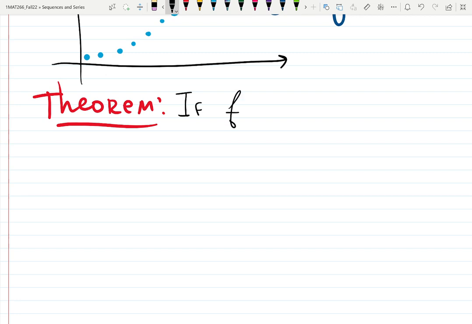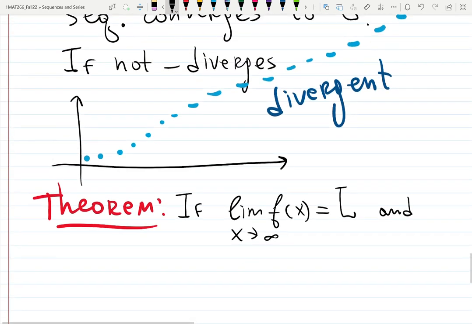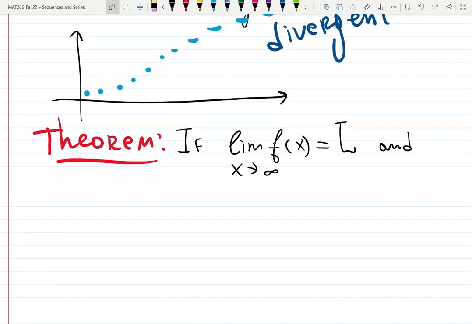If a function f of x, let's do limit. If the limit of a function f of x is finite, it has L, as x goes to infinity. We learned limits in calculus 1, but what does it have to do with the sequence? This is a function. We don't talk about functions here, we're talking about sequences, which is a list. Well, let's match them. That's a very cool new idea.